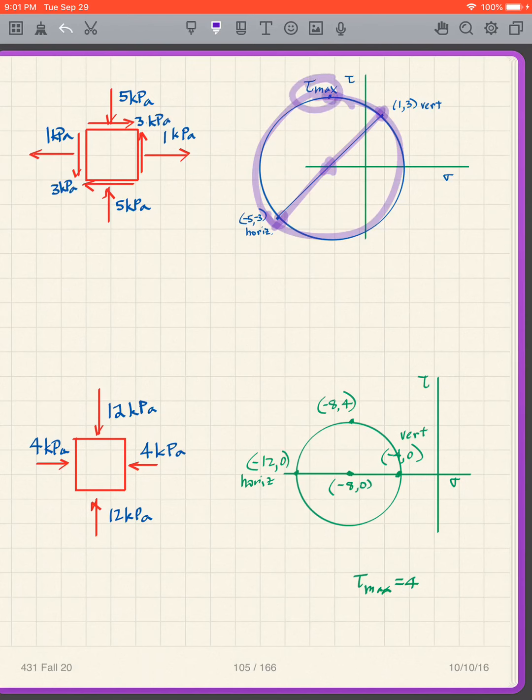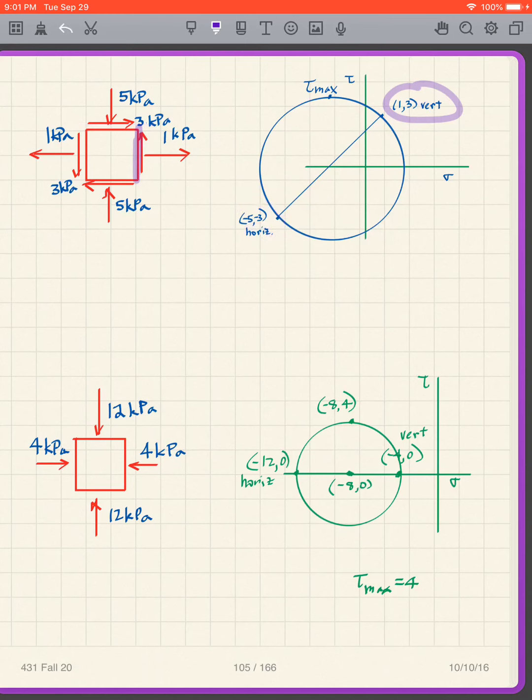And if you remember, the whole point of drawing this was that we know the stresses on the vertical plane, which are 1, 3. That's why we write vertical plane. We know the stresses on the horizontal plane, -5, -3. That's on the horizontal plane, so we write horizontal.